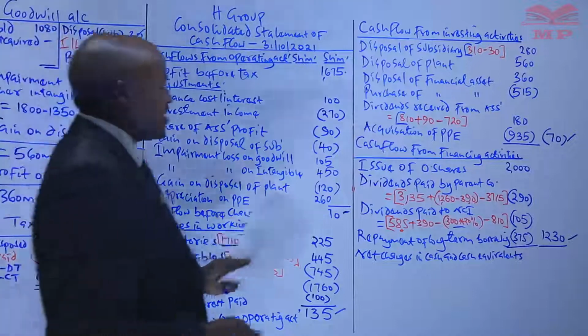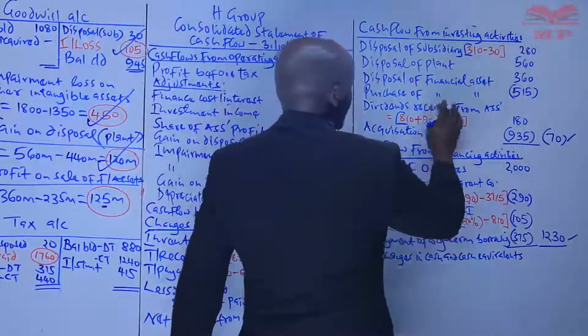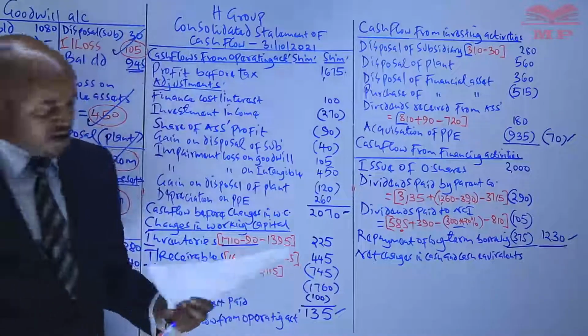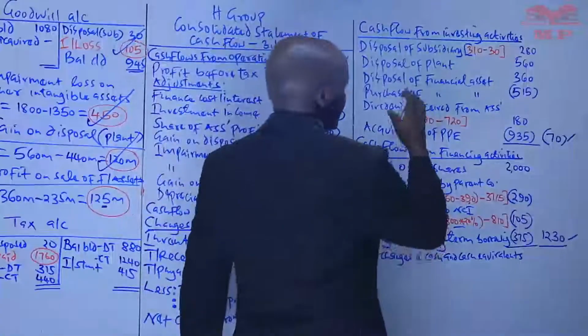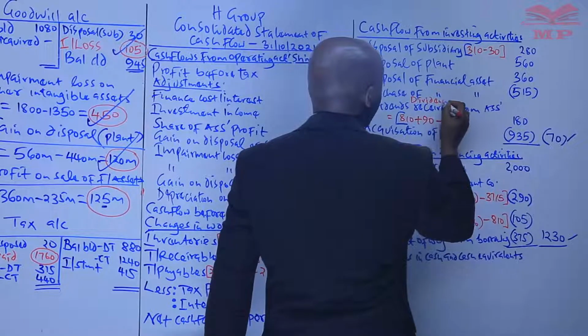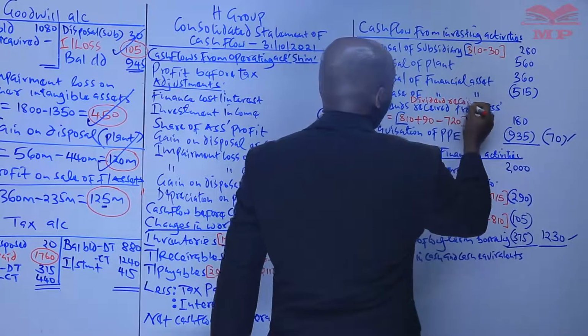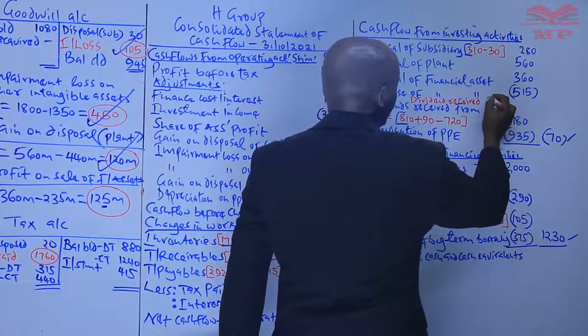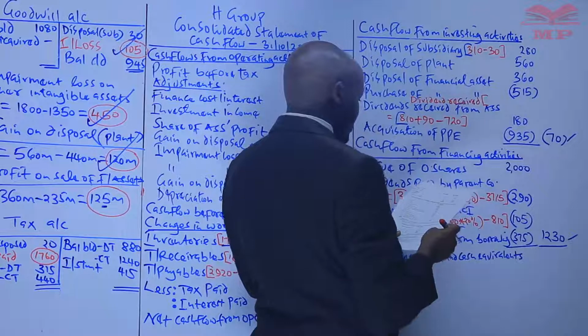Other than these dividends which were received from the associate, if we go back to the income statement, specifically where we have investment income, we are told they include dividend income. Dividend income is a form of investment income and should be included here. So we omitted that. Let's just put that here. Other than dividends received from associate, we have the dividends received in respect to financial asset. We are told they were included as part of investment income.